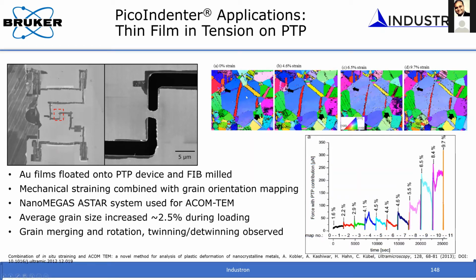With the EBSD detector, you can look at the grain orientation at different percentages of strain, and then you can correlate the stress-strain response to the change of orientation, rotation of the grain, or growth of the grain. You can directly see that through the EBSD map, and with that you can correlate the mechanical response directly.